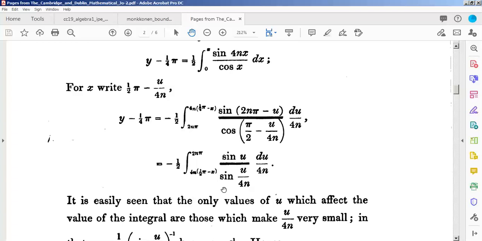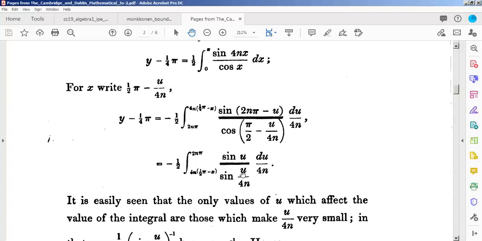So for a fixed n, when you choose x close to pi over 2, like x equals pi over 2 minus 1 over 4n, you can imagine now letting n get bigger and bigger, and so x still being equal to pi over 2 minus 1 over 4n, your x value would sort of creep closer and closer to pi over 2, as n's getting bigger.